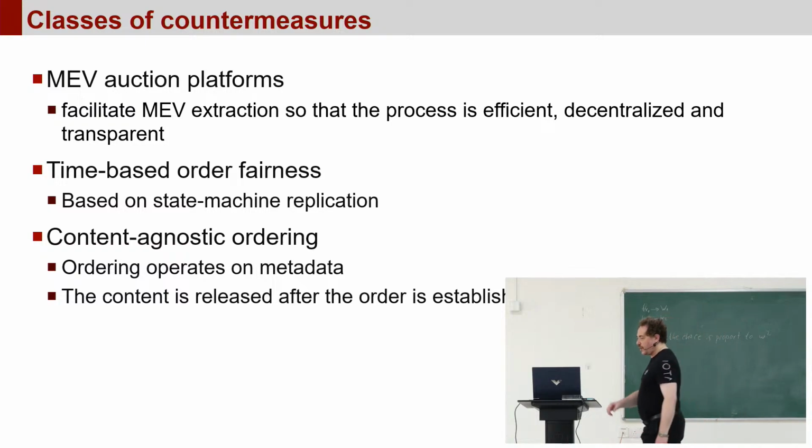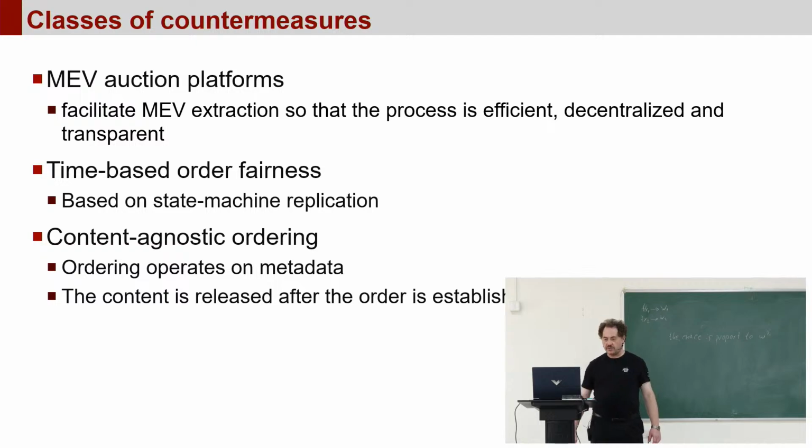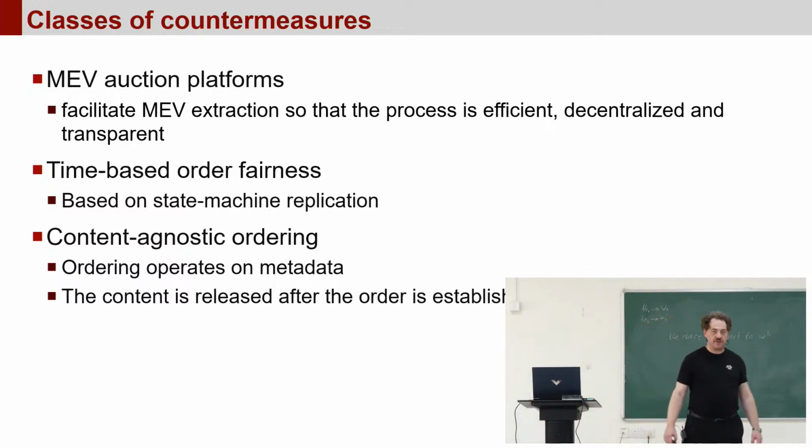So the first idea is to create explicit MEV auction platforms in which MEV searchers would be competing with each other, placing bids, and the miners would be accepting those bids. So a miner who found the block would be accepting bids from individual MEV searchers.